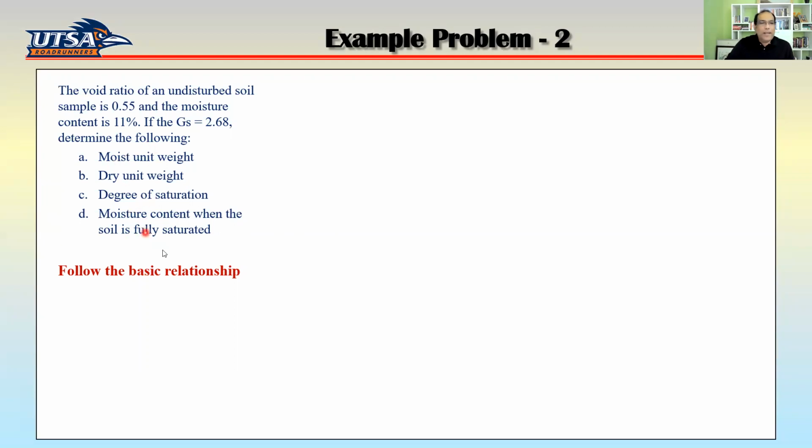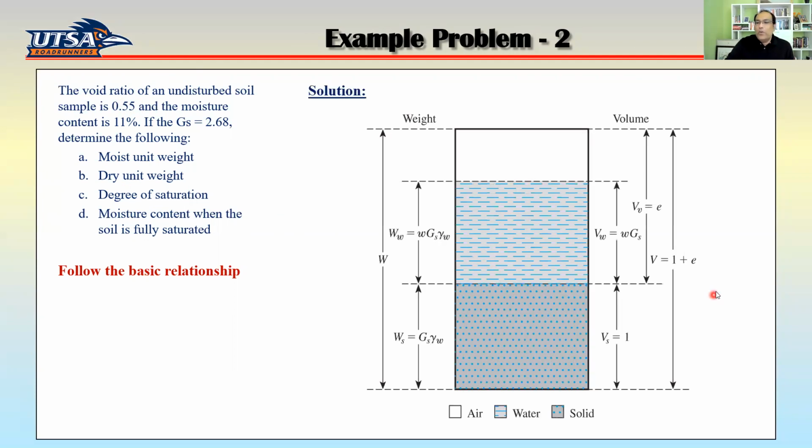Since the void ratio is given, I'm going to take the figure where the total volume is 1 plus E, the volume of solid is 1, and the volume of void is E. So basically E is given. So my Vs is 1, and this one has to be 0.55 feet cube, equal to your E here.